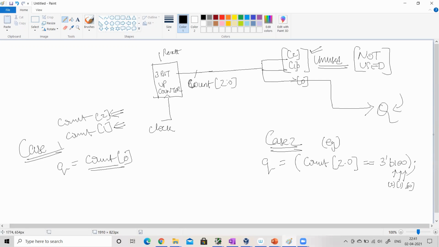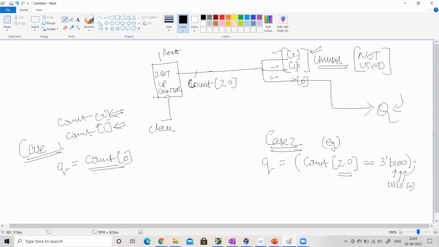All the 3 bits are of interest. So I am looking for a value of count such that all the 3 bits of the counter are taking a particular value. Only then I am generating the value of Q here. So here all the 3 bits are getting used, so I need all the 3 bits here.